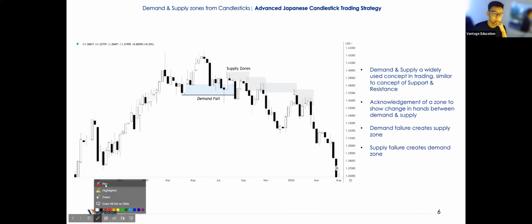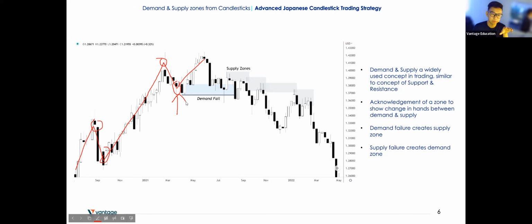So when we talk about a demand zone, how do we actually identify a demand zone using candlesticks? We usually look for a point of rejection. So given this, I'm just going to use this example. We have this upward movement, right, forming a higher high and a higher low, right? And this was the last low that was created, right?